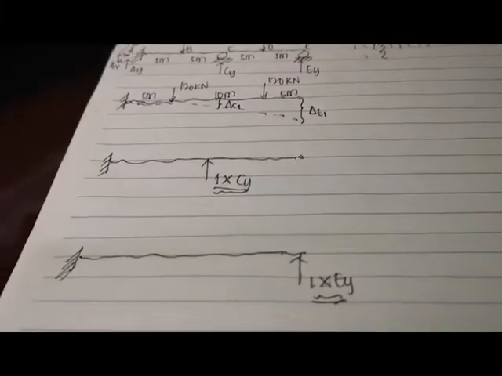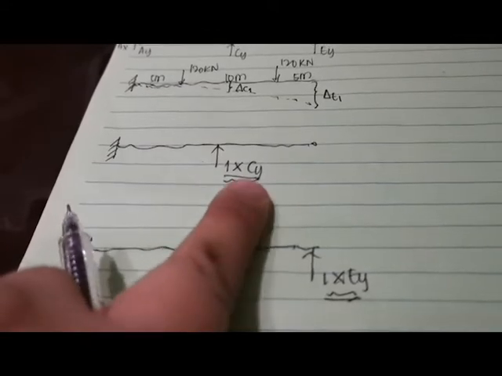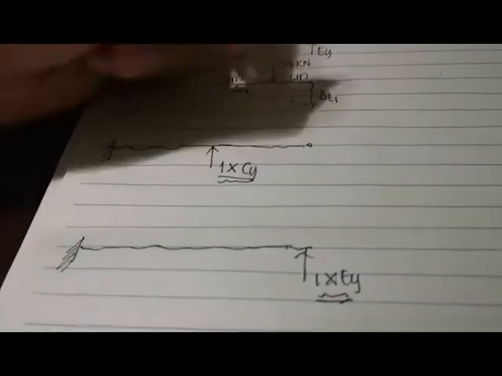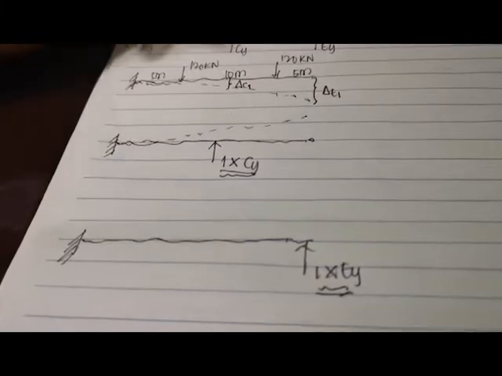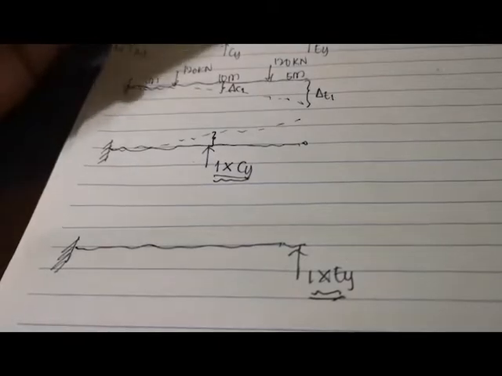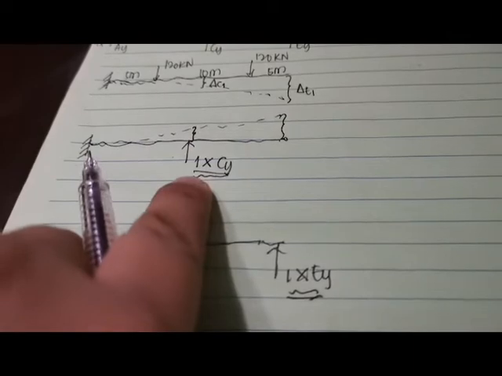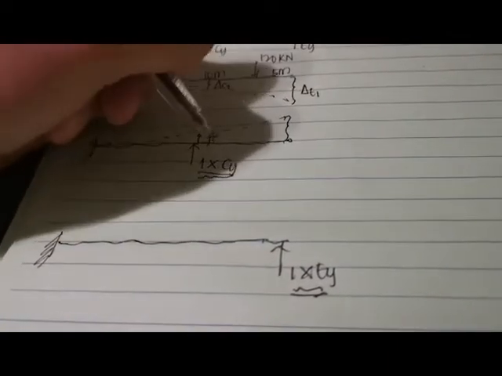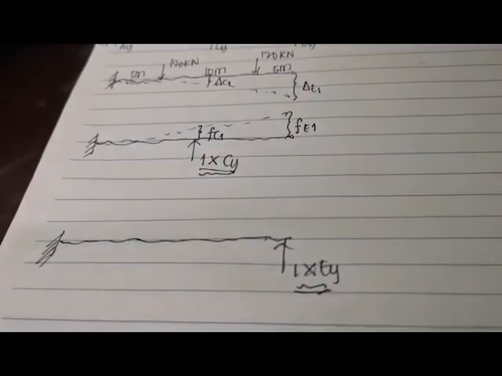So now that we returned the reaction at C, by applying a unit load 1, we know that it will deflect in this manner. So we're going to determine the deflection at point C and then the deflection at point E due to the unit load at point C. This will become your FC1, this will become your FE1.